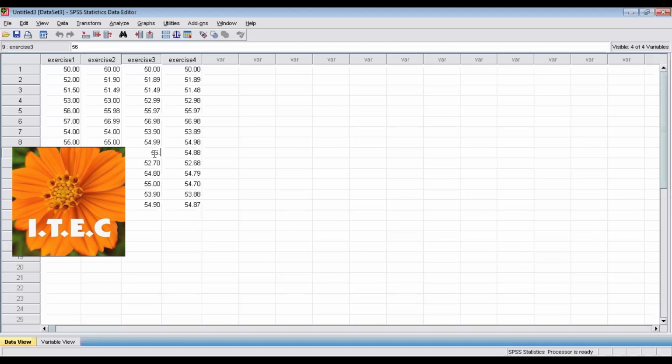It is 56.48, and it is 56.48. It is 54.48. It is 54.47, and it is 54.47. It is 55.